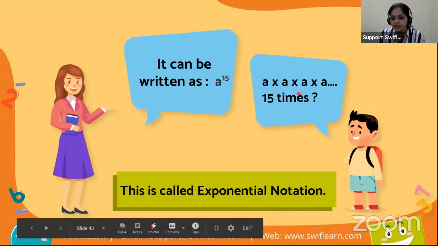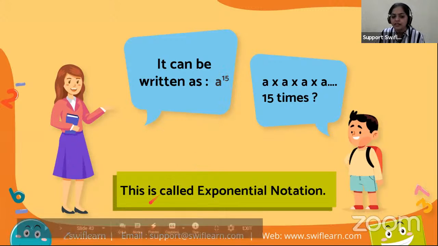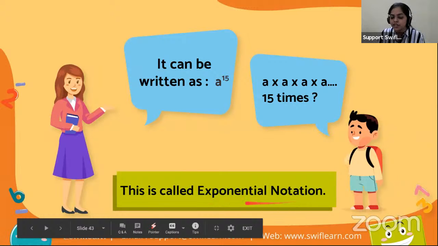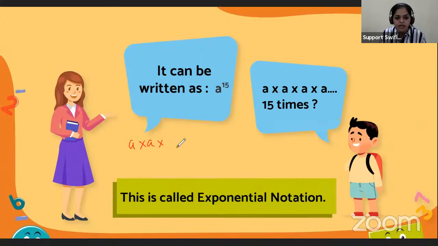It can be written like this. If we have to multiply a 15 times, then we can write it as a raised to the power 15. And this is nothing but the exponential notation of a variable. Let's take one example. If I have to multiply a 100 times, then what will be the exponential notation?